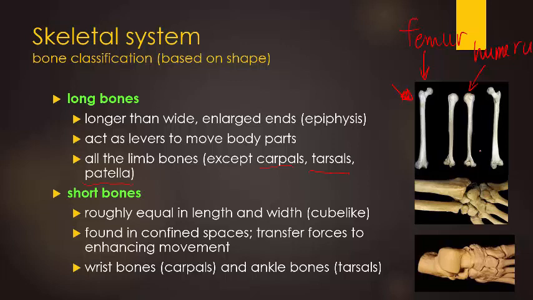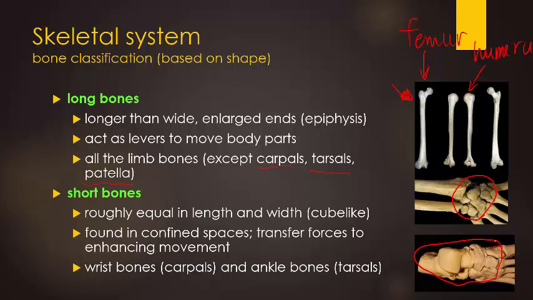Short bones, and again, we do our best with these definitions, but short bones are roughly equal in both length and width. And they are generally found in really confined places, and they have a lot of joints, a lot of gliding surfaces on them. And so the primary short bones of the body would be the carpals of the wrist and the tarsals of the ankle.